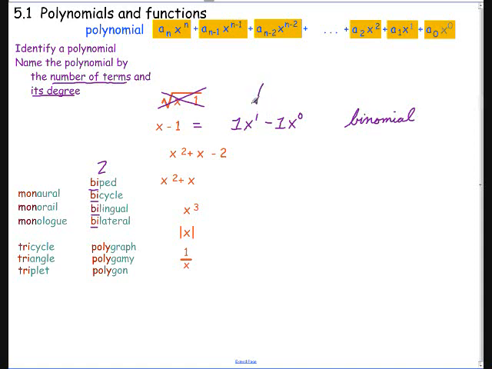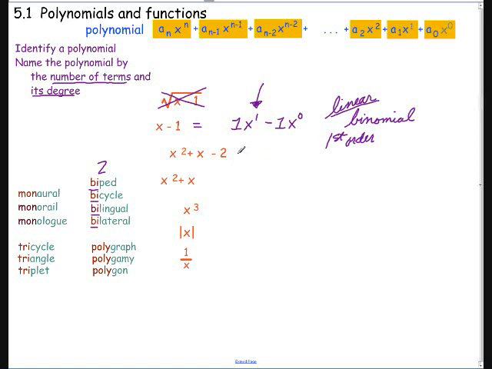We always look to the highest degree to name the polynomial. In this case, the highest degree is 1. That's linear. It also could be called a first order binomial. Linear is a little easier to say. We usually would say linear binomial, but we could say first order.